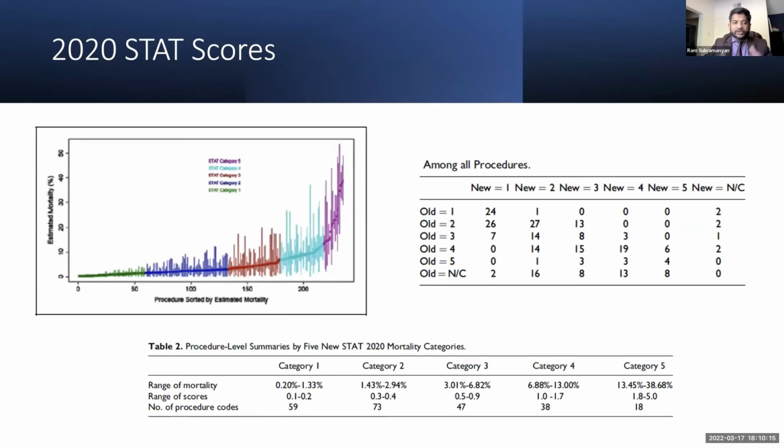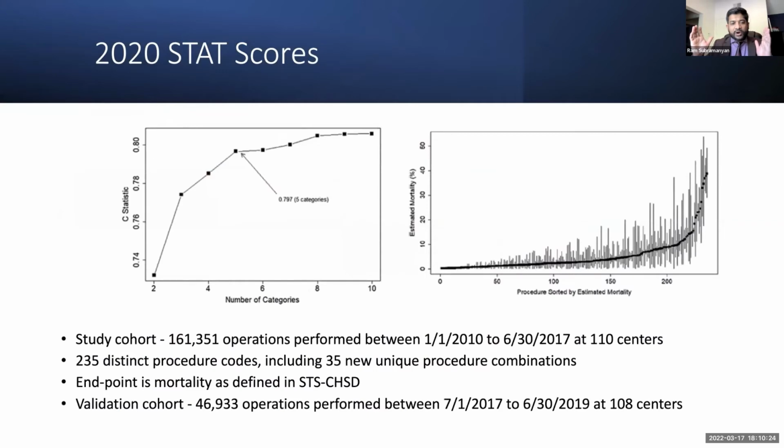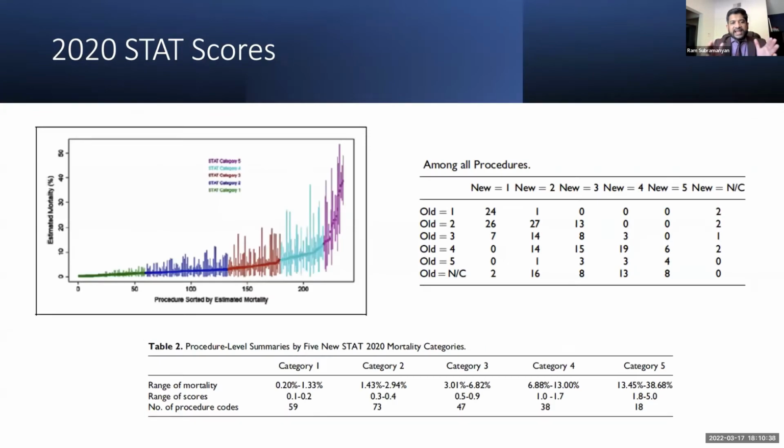So then we took this universe of 235 procedures, and as you can see in the figure, put them into 5 different STAT categories. The STAT categories were chosen to maximize intra-category homogeneity and inter-category heterogeneity. So as you can see in table 2 shown below, the range of mortalities varied from 0 to 1.3% for category 1 versus all the way to 12 to 38% for category 5.